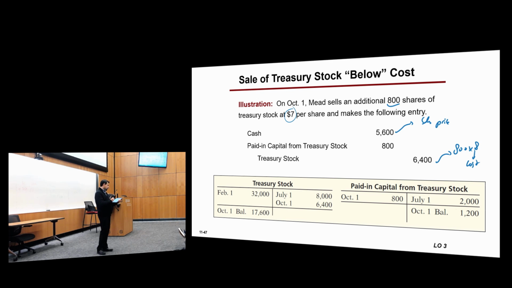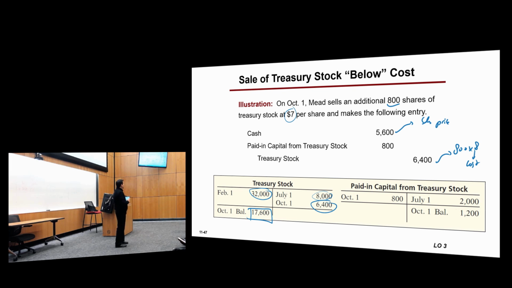So in this case, as you can see, the treasury stock originally was purchased for $32,000. The first time the company sold, we sold 1,000 shares, the value of $8,000. So it was credited to treasury stock, and then the second time we credited, like here, 6,400. That's the new balance of treasury stock. Remember, this is a contra equity account, so the normal balance is a debit balance.